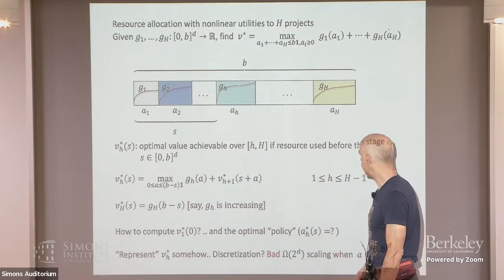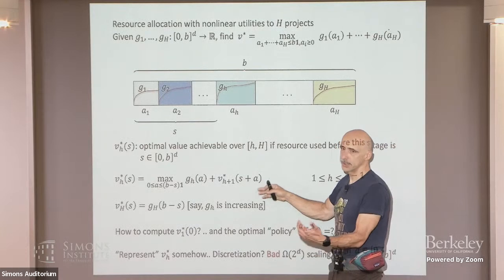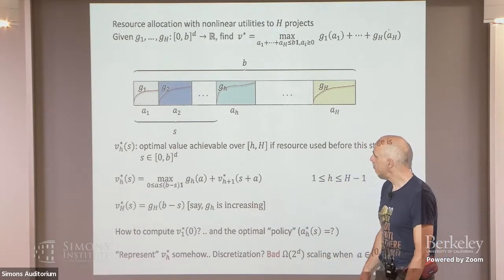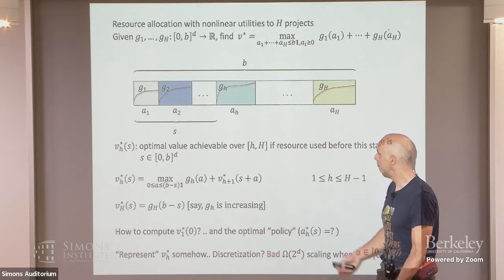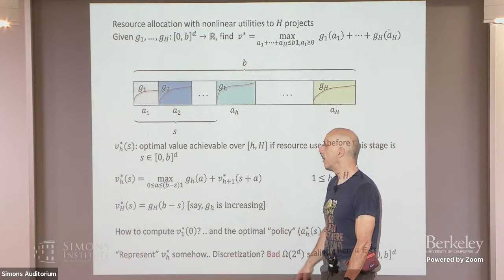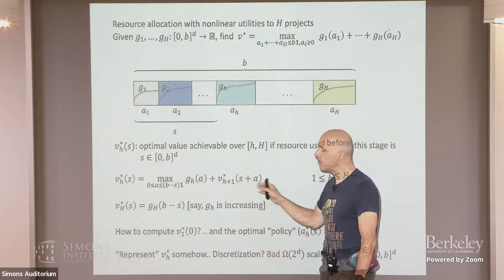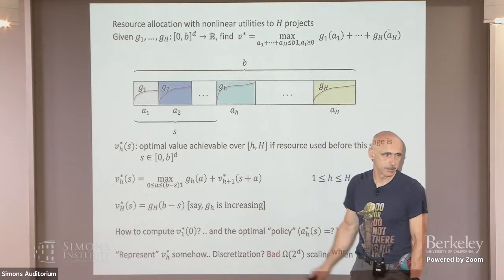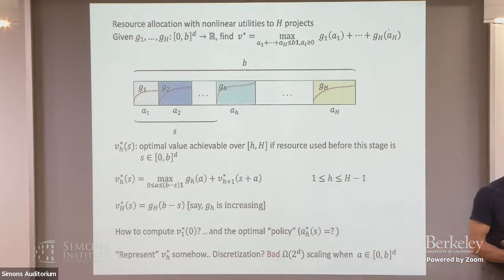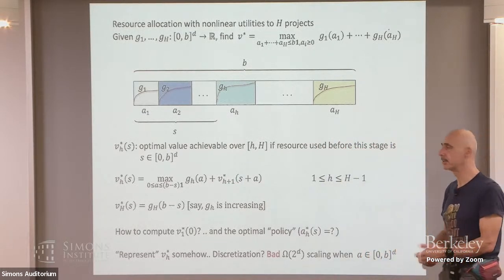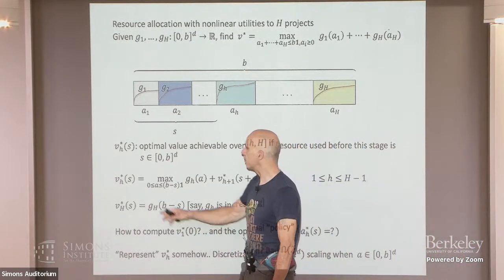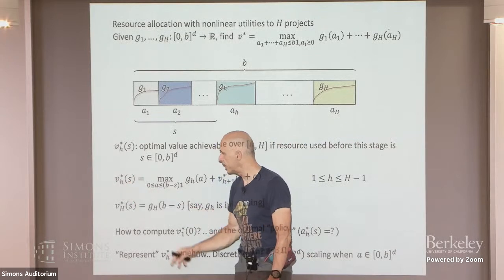And it's not hard to see, and this was the thing that Richard Bellman was exploiting in many different ways, that these optimal value functions satisfy this recursion. So the optimal value function for some stage is a function of the optimal value function of the next stage. We just have to think about that. Okay, how is the optimal value for this stage?